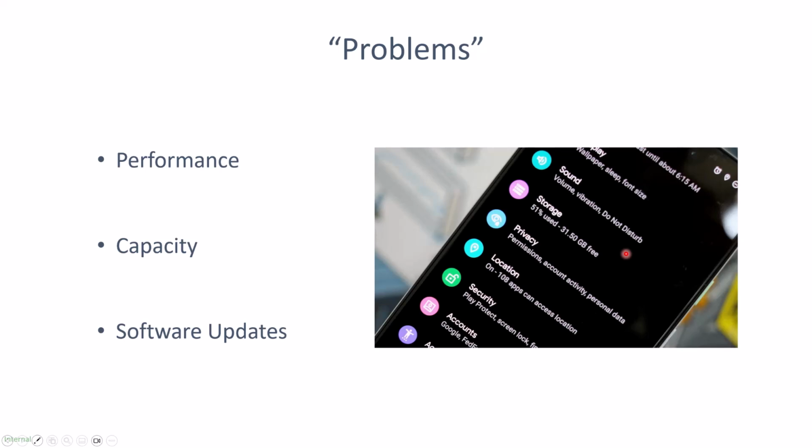So after a certain period, 5 years, something like that, it will no longer be supported, meaning if there's a problem, then you're not going to be able to rapidly get a replacement part.